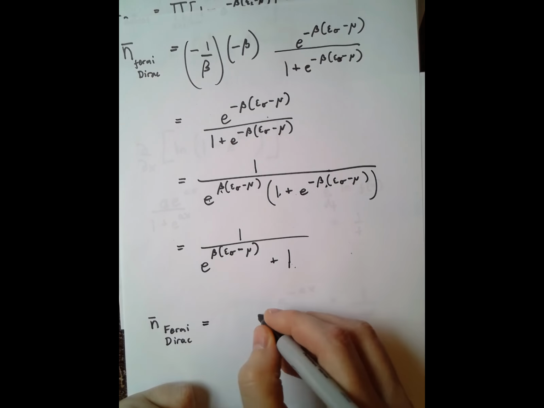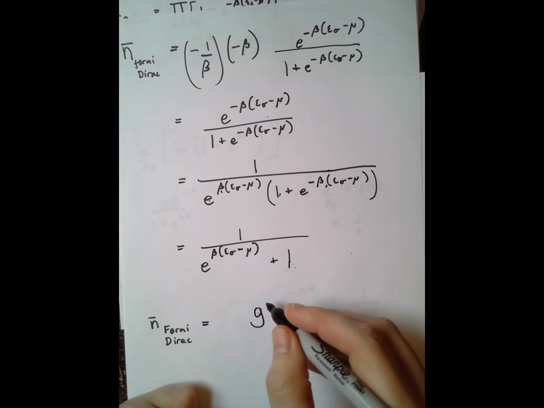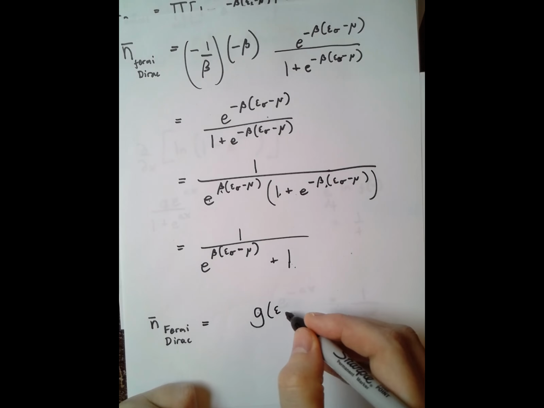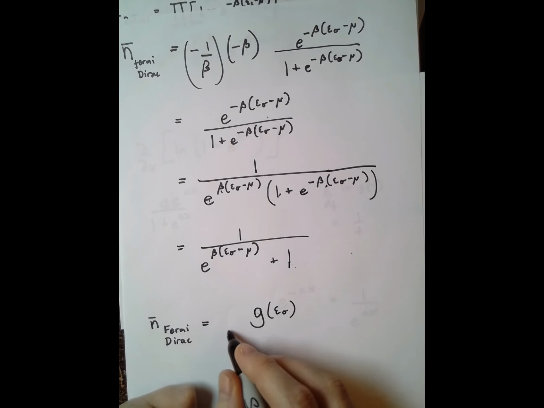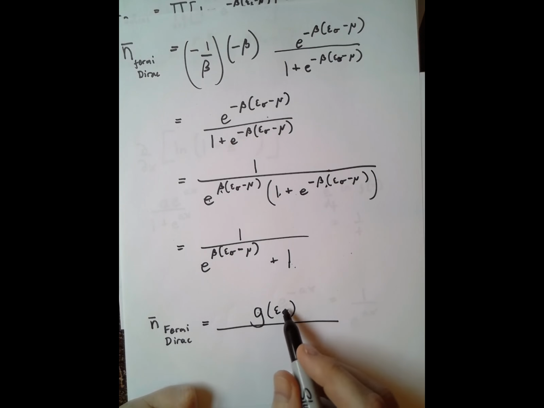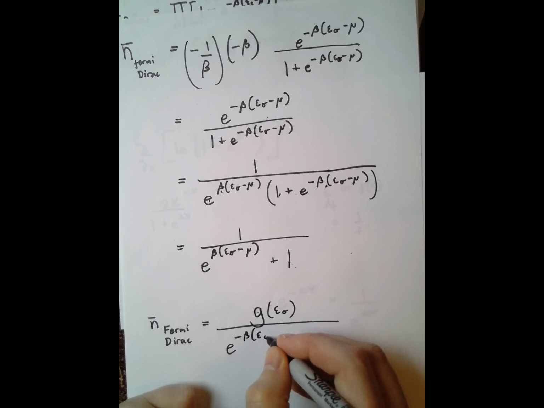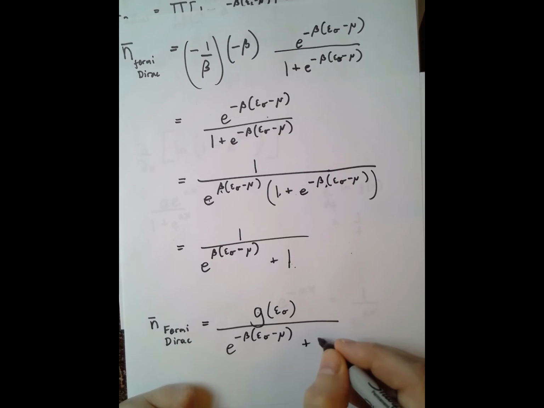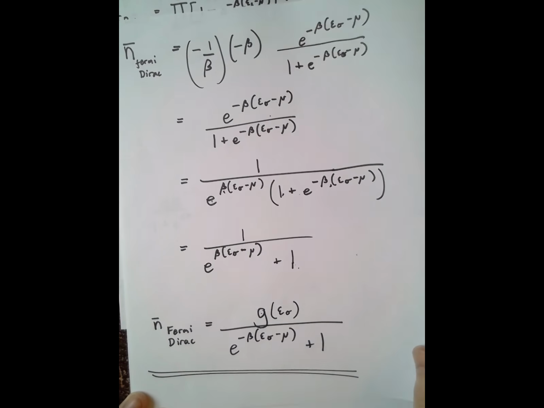So I do that by putting in a so-called degeneracy factor called little g, which may depend on the energy of the state, or it may not. So in general, I'm going to put it as a function of the energy of the single particle state, but it needn't. So this is my Fermi-Dirac distribution function.